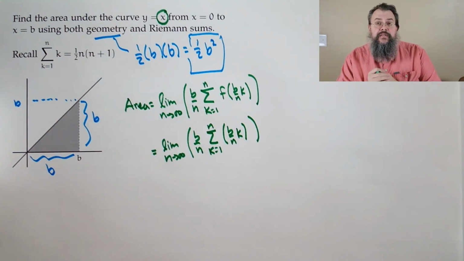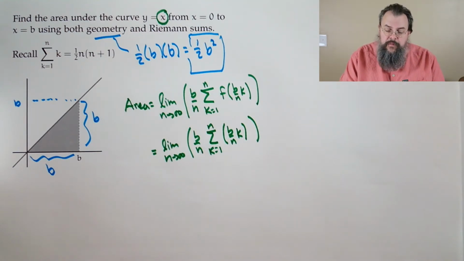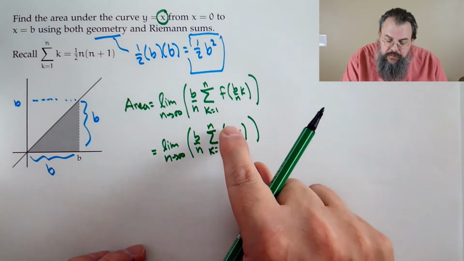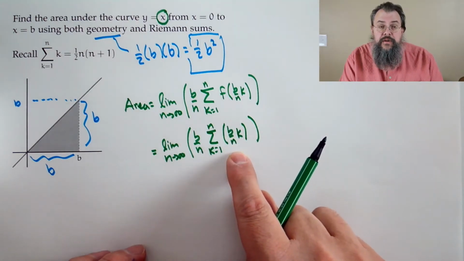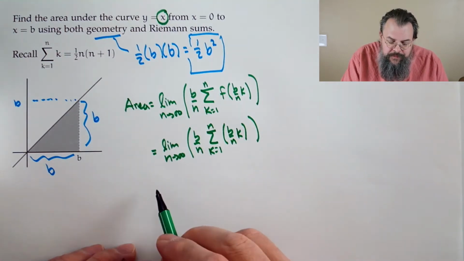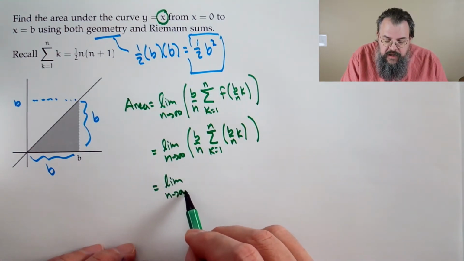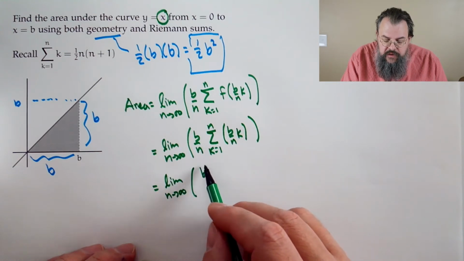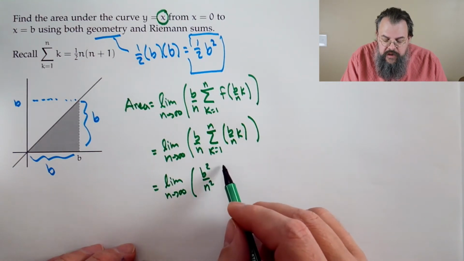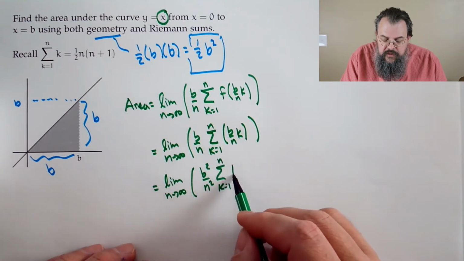So anything which doesn't involve k can be pulled out. We have to do it carefully. But in our case, notice this b over n, there's no k involved there. So yeah, pull it out. So this is our limit as n goes to infinity of b squared over n squared times the sum k equals 1 to n of k.